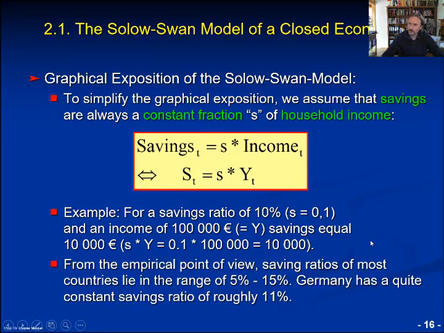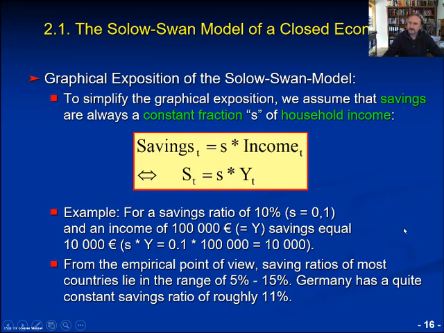From an empirical point of view, savings ratios of most countries lie in the range of 5% to 15% of disposable income of households. Germany has a quite constant savings ratio of roughly spoken 11% of disposable income of German households. 11% of disposable income is saved every year.